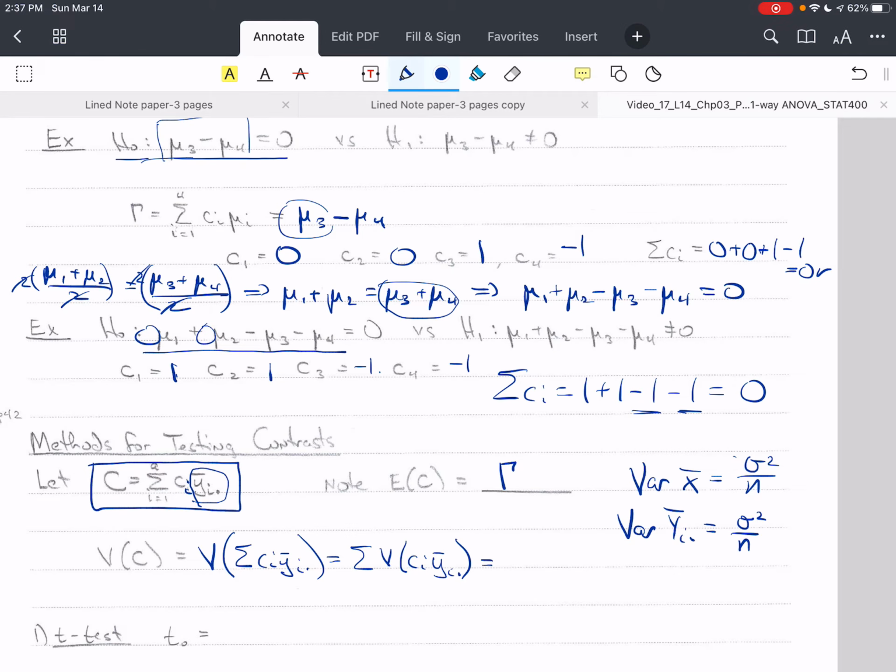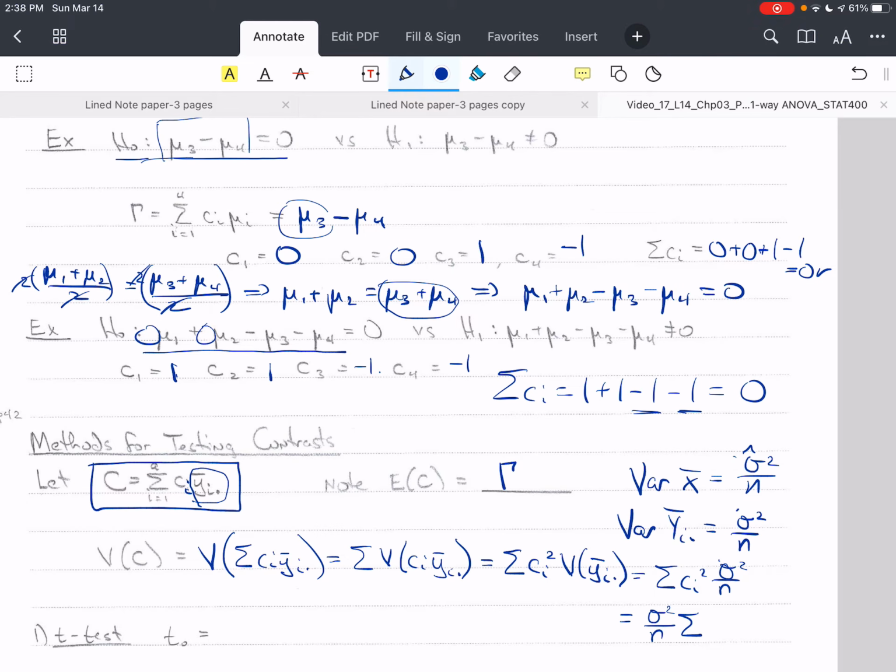And then when I take the variance of a constant times my random variable, I square the constant and bring it outside of the variance. So I'm ending up with the sum of Ci squared times the variance of yi dot bar. And remember that the variance for any level of I is sigma squared, so the variance of the mean is sigma squared over n. So this is the sum of Ci squared, sigma squared over n. I can rewrite this as sigma squared over n times the sum of Ci squared.